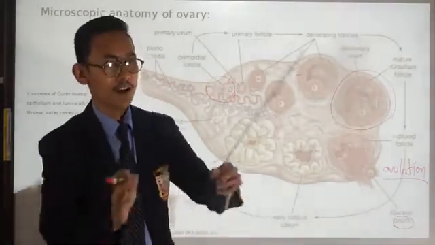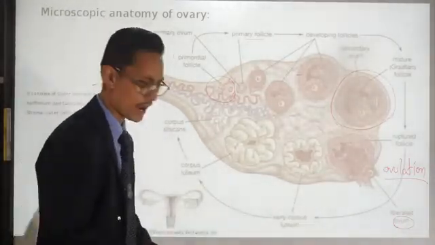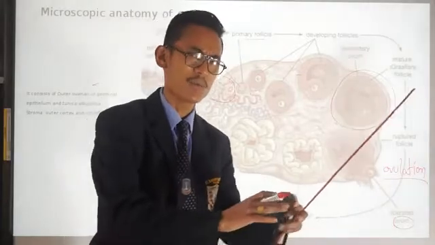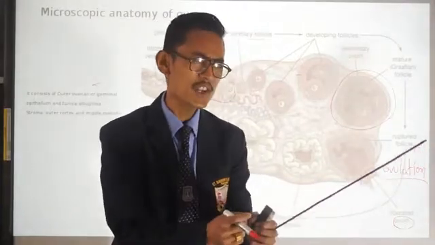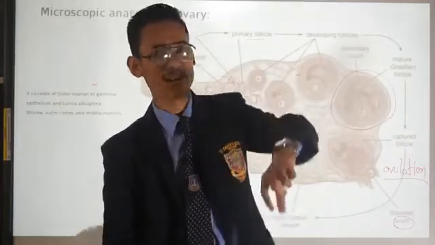Clear? After the Graafian follicle ruptures, the blood vessels will be ruptured, and a little amount of tissue will also be ruptured, leading to the formation of a blood clot.